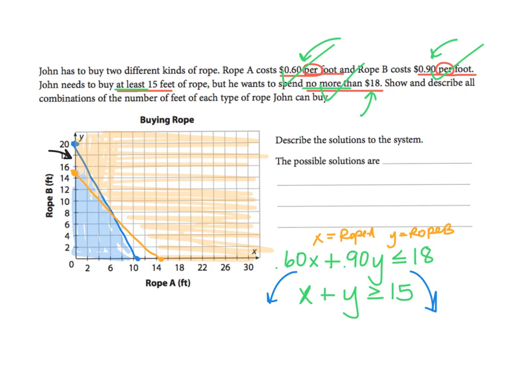What's one solution that I know is in there that's going to meet the criteria? The one that I notice best with my lines is this 2, 14 right here. So one possible solution is 2 feet of rope A, and let's see, that's 14 feet of rope B.